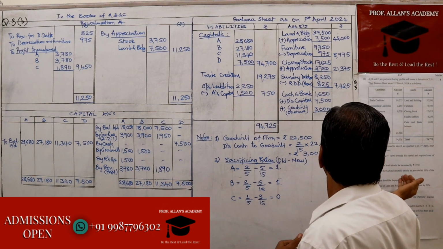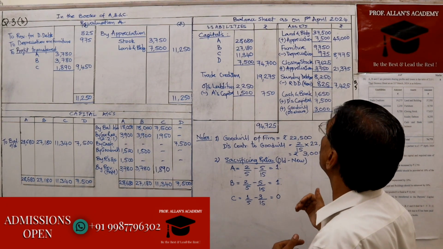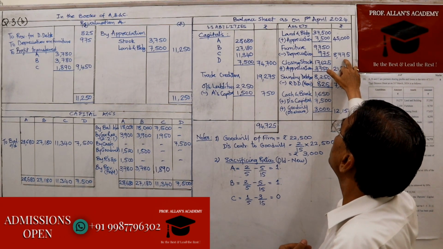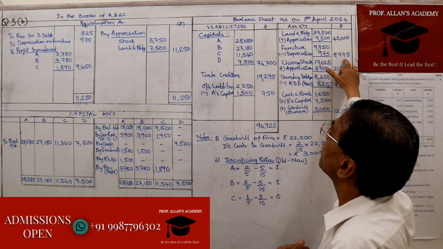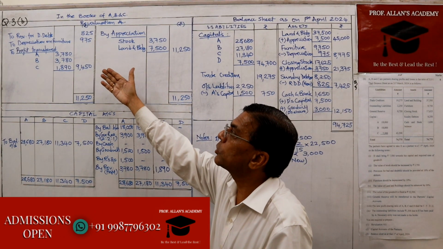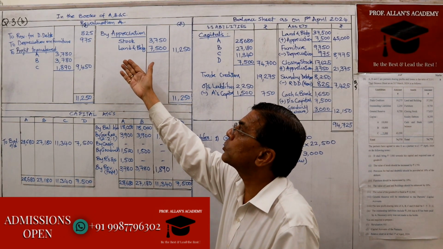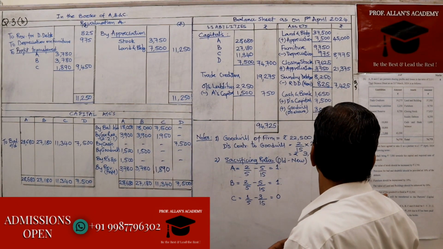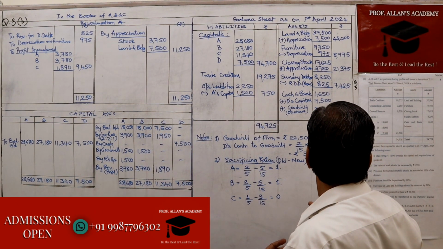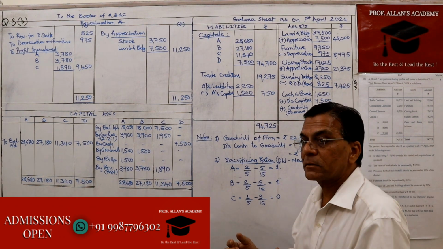Then after that, furniture is to be depreciated by 10%. We reduce furniture by 10%, net value 8,775. Depreciation is a loss. Revaluation debit to depreciation on furniture, 975. Then they are saying that we will have to value land and building, which is enhanced.